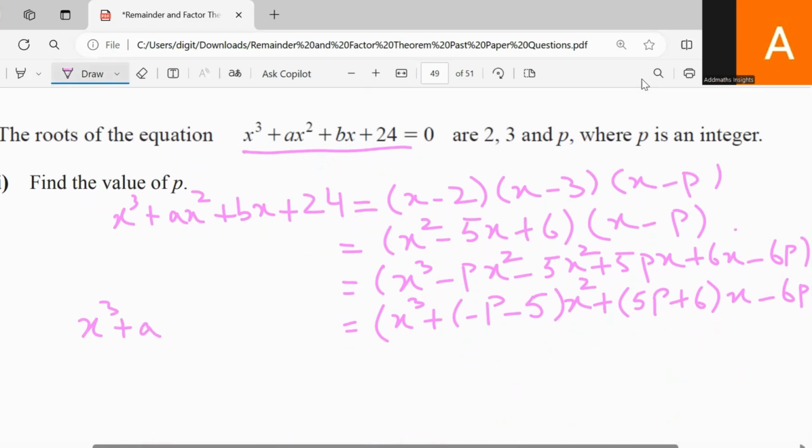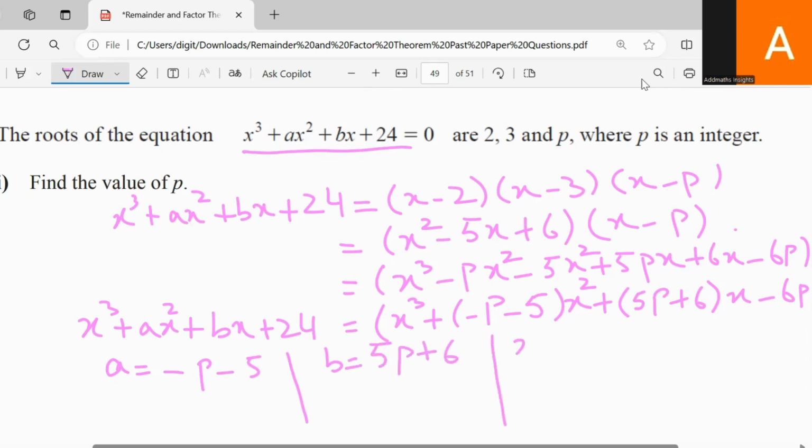On the left hand side, we have the expression ax squared plus bx plus 24. Now when you compare, you get a is equals to minus p minus 5, b is equals to 5p plus 6, and 24 is equals to minus 6p.